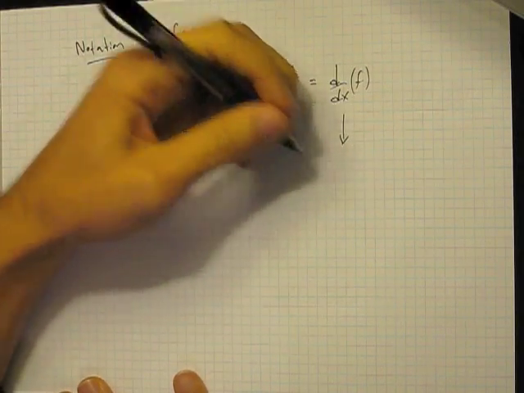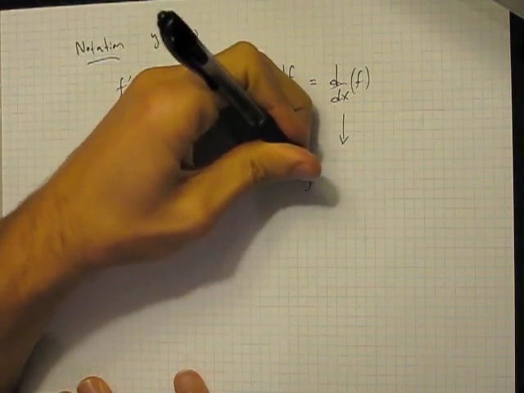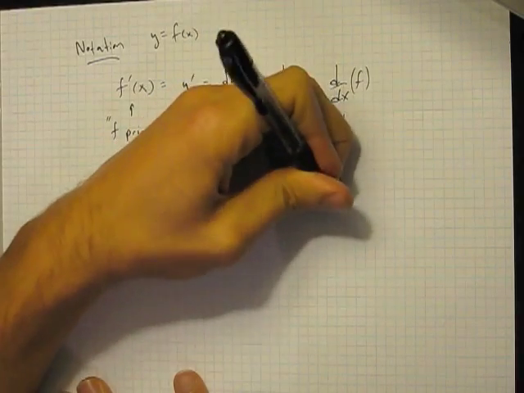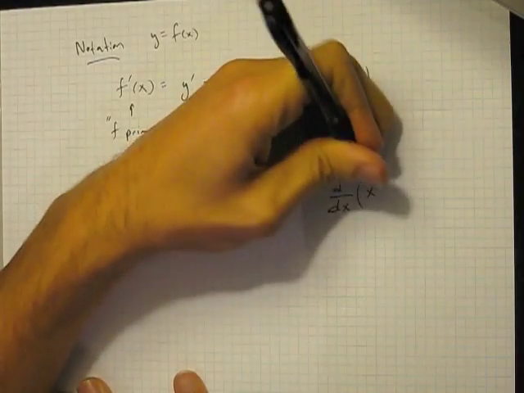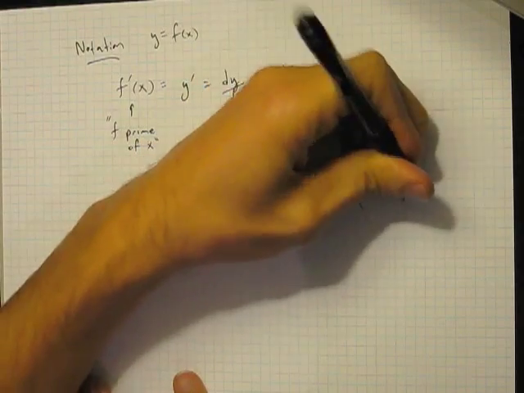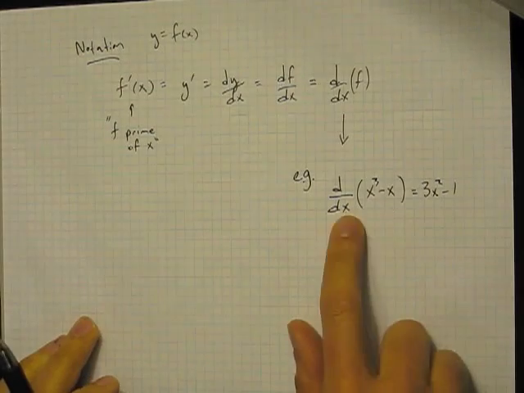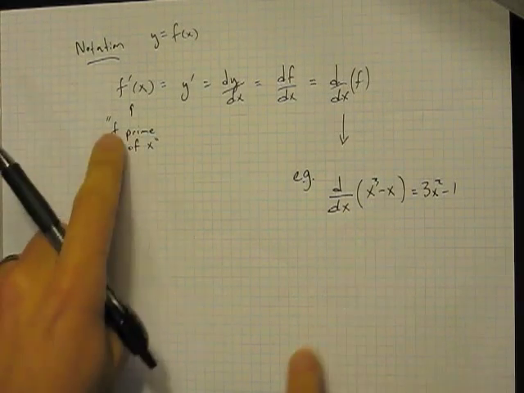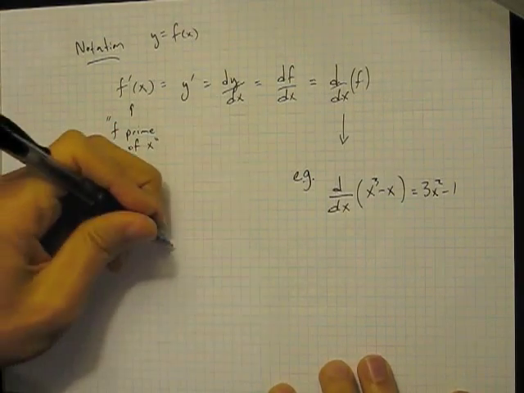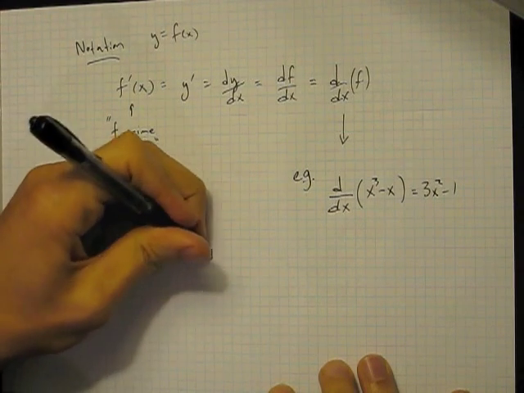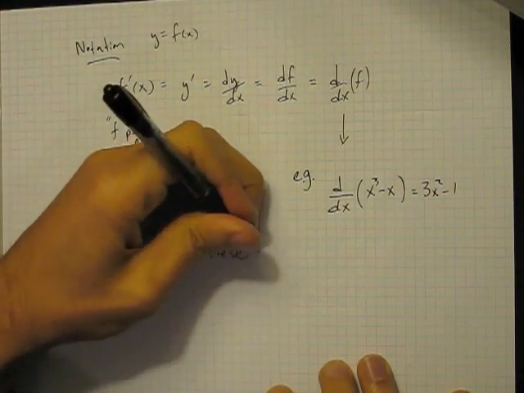So for example, we would write something like d dx of x cubed minus x is equal to 3x squared minus 1. That was what we did in the last example. Any of these I would expect you to know. So know these terms.